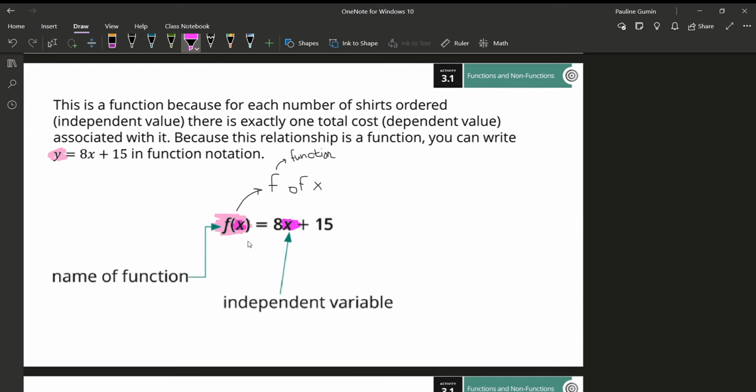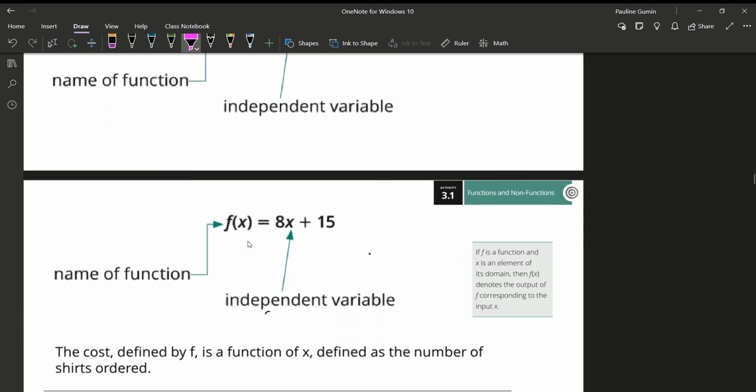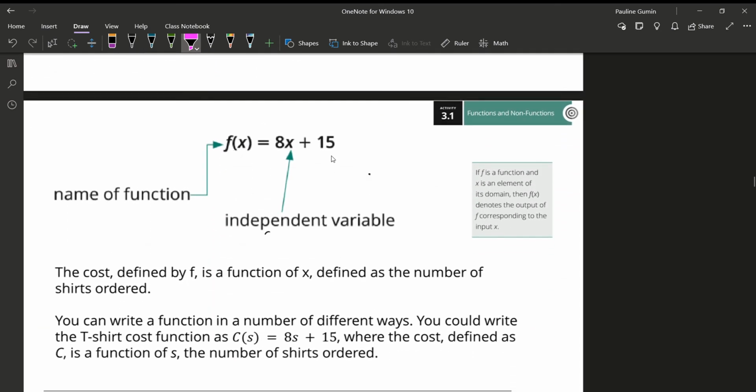We can make these functions look a little bit more unique. And here's how. So instead of writing f of x, we could write c for cost and s for shirts. So instead of saying f of x, we have c of s, which is really cost of shirts.